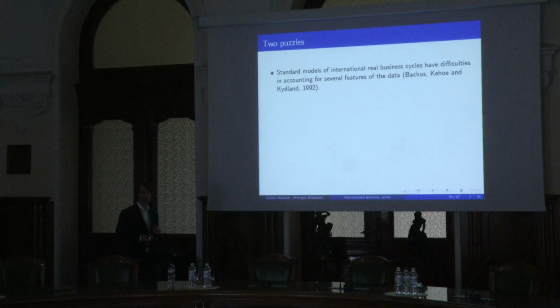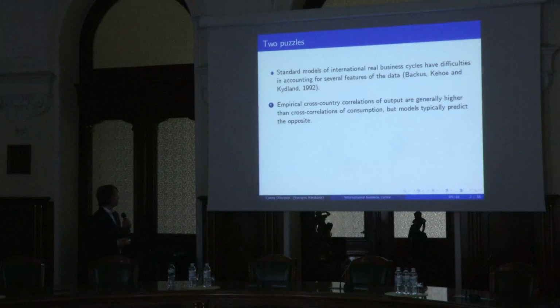So there are several features. And when I say puzzles, that means basically that the models do not replicate the data, and many people have tried to solve these so-called puzzles, but these puzzles are still there, so it's not an easy task to do that.